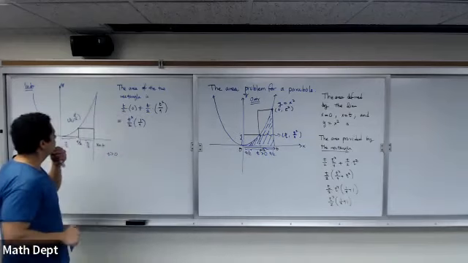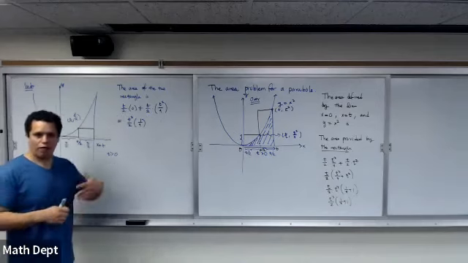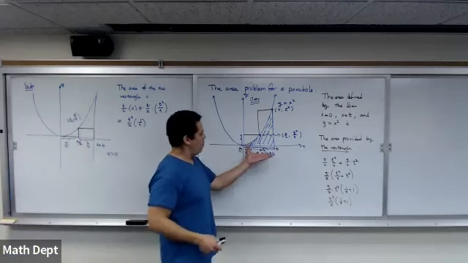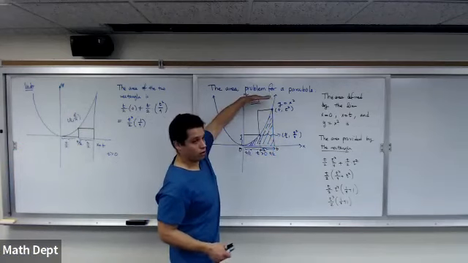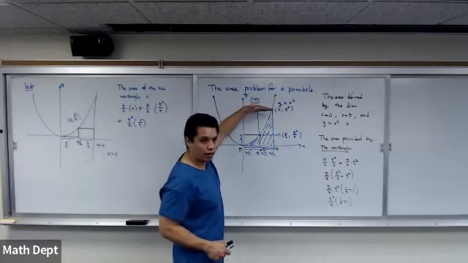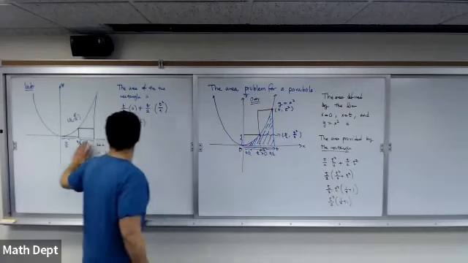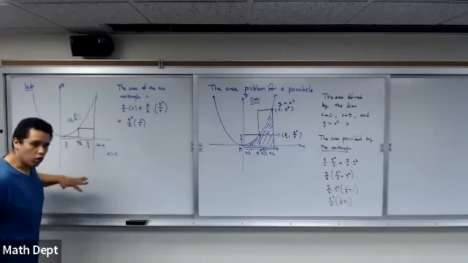But you see, in this process, I made several choices. Because first, I decided on this side to take rectangles that are overshooting the area. Here I'm using quotation marks. And here, I'm using rectangles that are below, right?